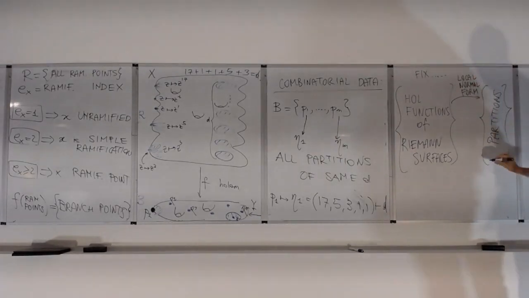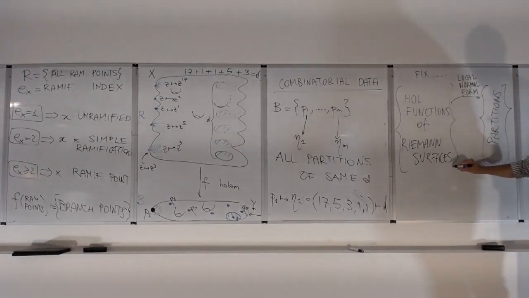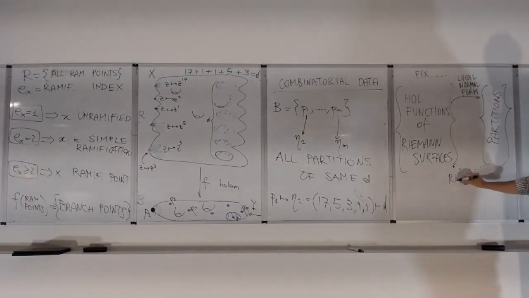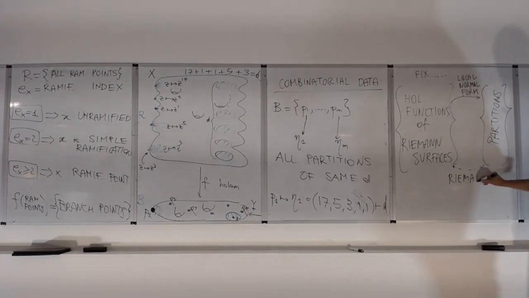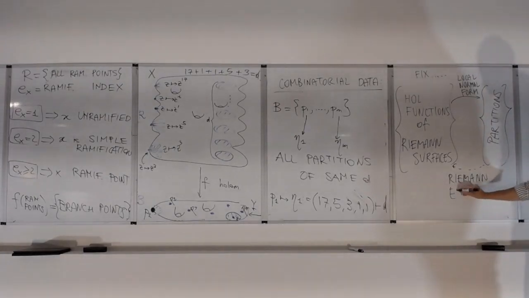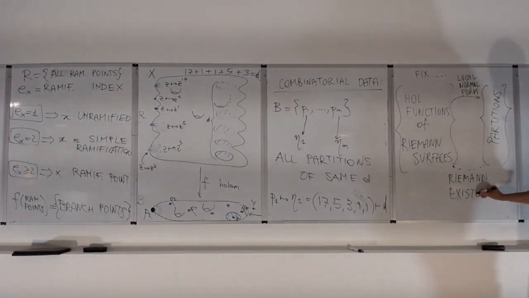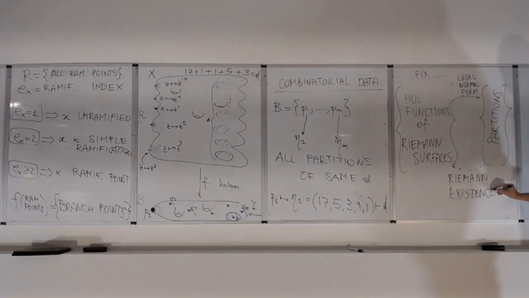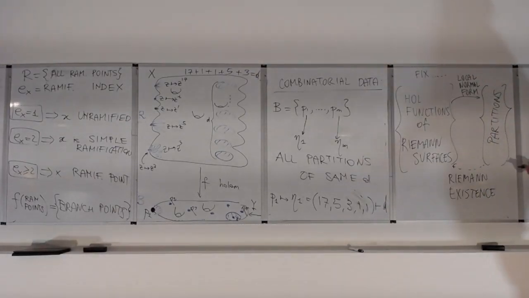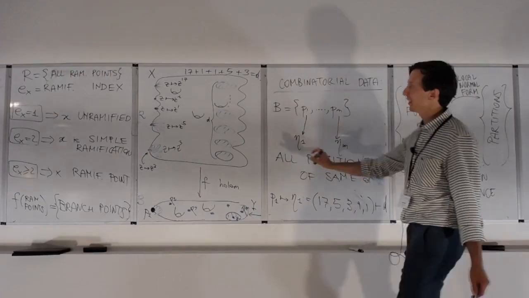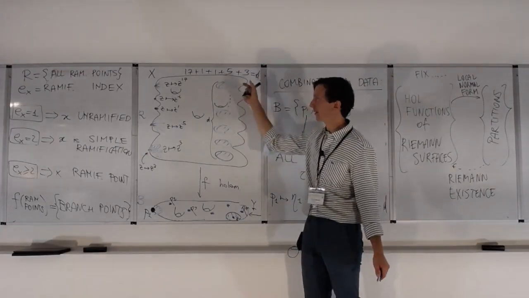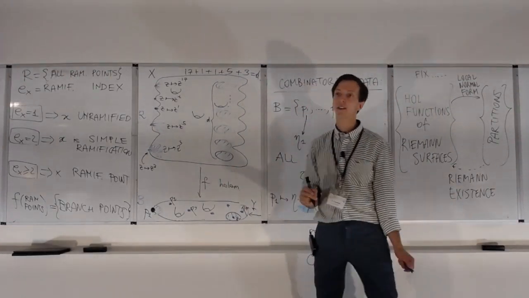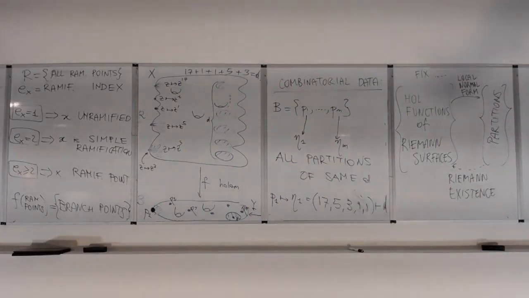But there is a theorem that goes in the opposite direction, the Riemann existence theorem. It tells you that the way these ramifications are arranged defines F. And so now you're very happy, right?